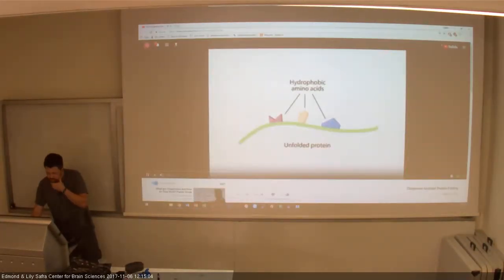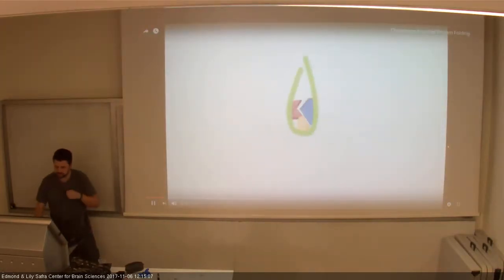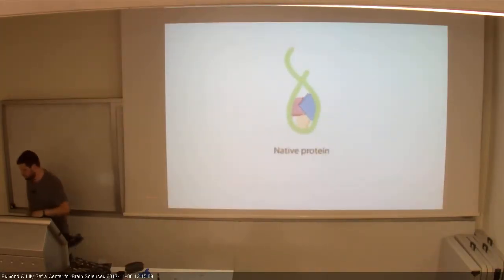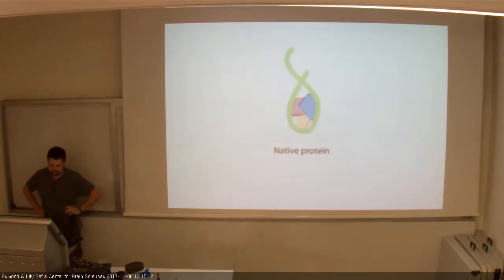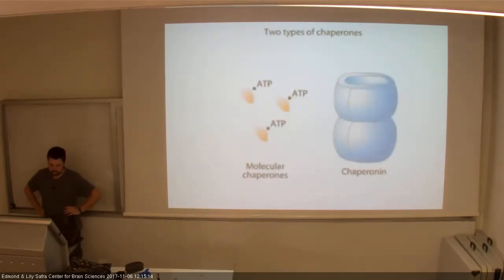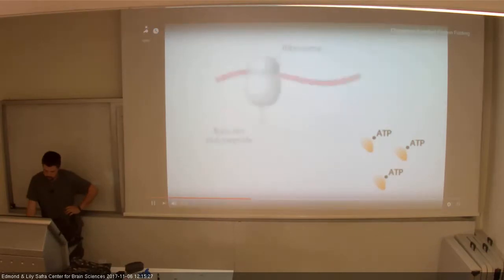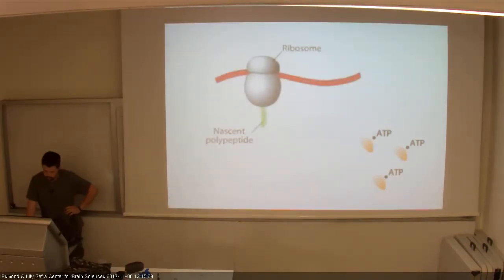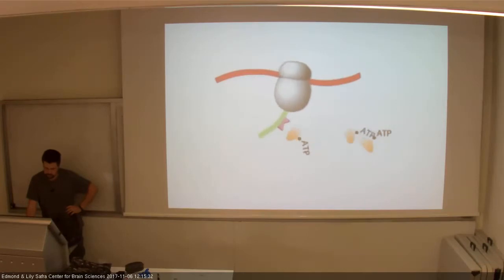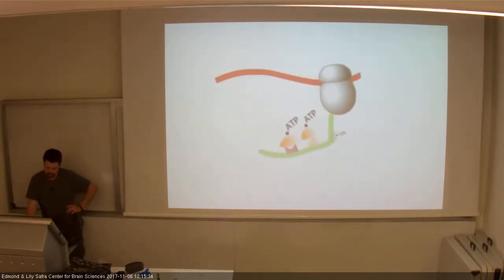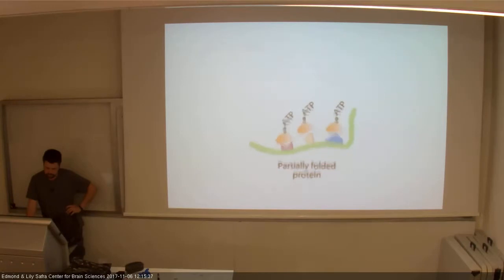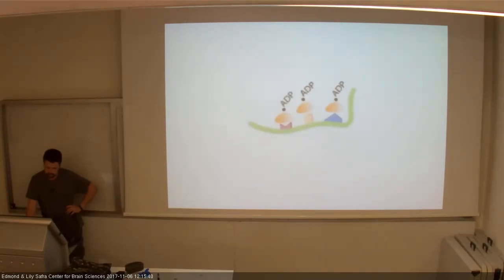In vitro, a denatured protein can refold into its native state on its own. Nonetheless, in vivo protein folding is aided by chaperones in order to increase efficiency and prevent aggregation of misfolded proteins. Molecular chaperones, such as HSP70, assume an open form when bound to ATP. In this form, the chaperones bind nascent polypeptide chains as they're synthesized on ribosomes. The bound ATP is hydrolyzed to ADP.